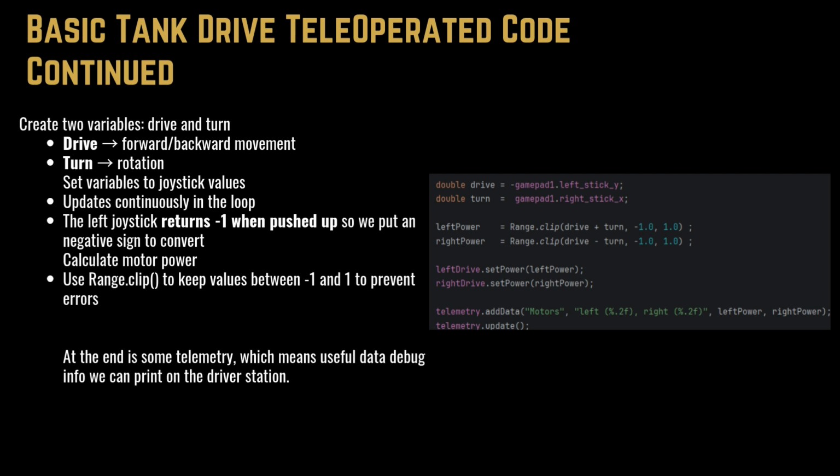And then we have the range.clip function, which we just put in the first value that we want to give right here, and we can make sure the variable stays within the intended range, because we don't want it to go outside of -1 and 1 and cause errors. Then at the end, we finally set the power to these motors, and we add some telemetry to tell us what, if anything, goes wrong and tell us how much power is being supplied to the motors.